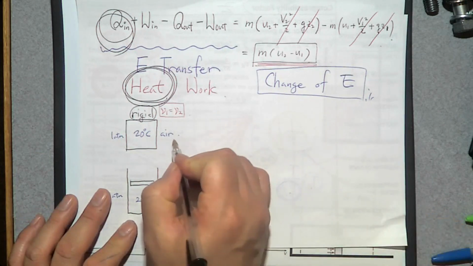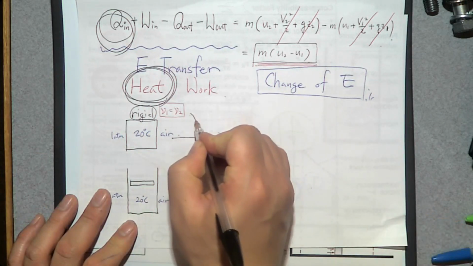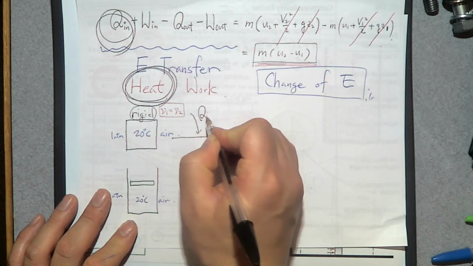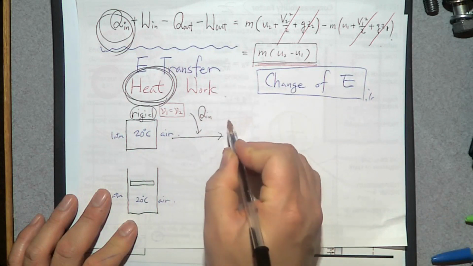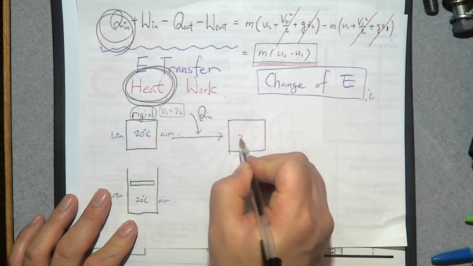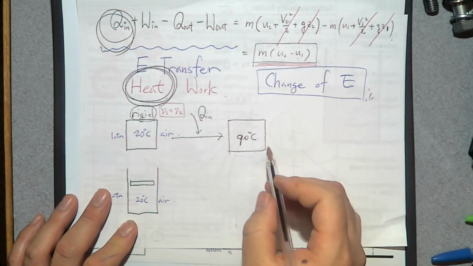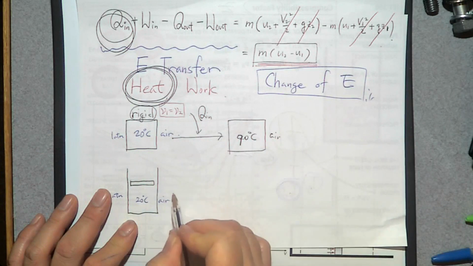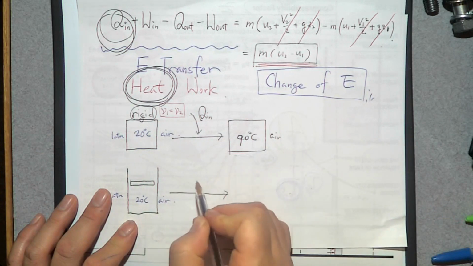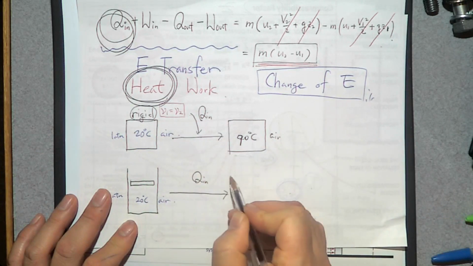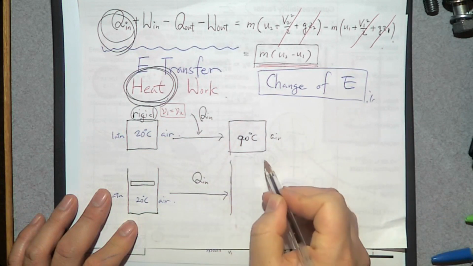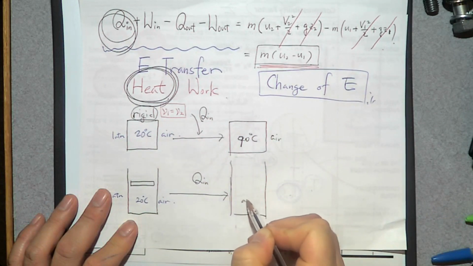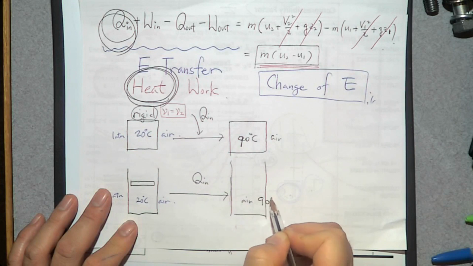So there's an energy transfer going in, Q in. So eventually it becomes 90 degrees Celsius air. And I'm going to heat this system too to increase the temperature up to 90. So now we have air at 90 degrees Celsius.